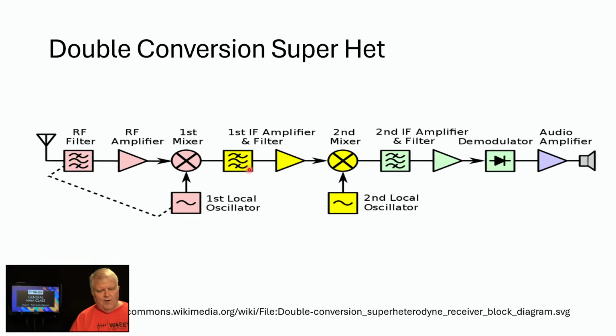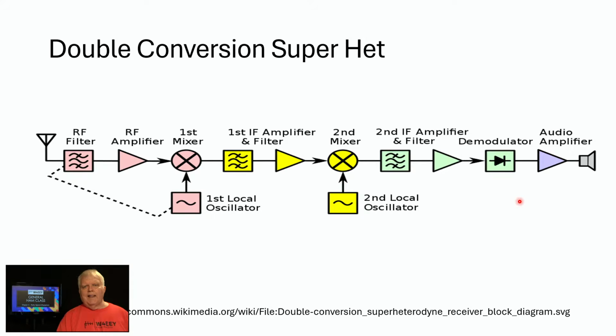And that is where you have a first mixer that actually takes it up to a very high IF frequency, 50 megahertz maybe, and then you have a second mixer that takes it back down to a conventional IF frequency and then filtered and on out. So this is a double conversion superhet, and that's the difference between single conversion and double conversion, and we're doing double conversion because we want to eliminate the possibility of receiving an image frequency, the one that also has a solution.